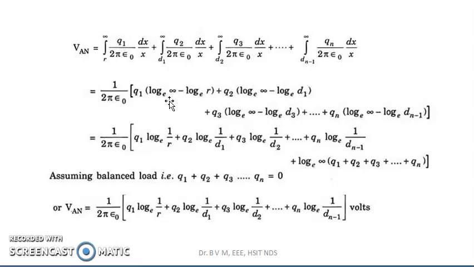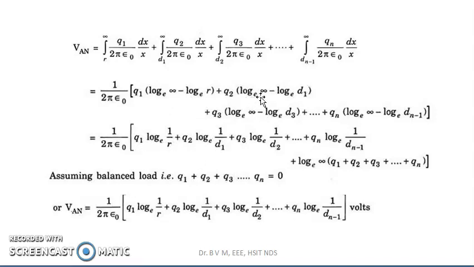Here log infinity is common for all, so taking it common gives log infinity times the bracket Q1 plus Q2 up to Qn. Then Q1 is multiplied with minus log of r, so by the logarithmic formula, minus Q1 log r can be written as Q1 log of 1 by r.